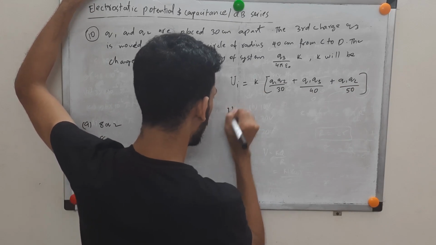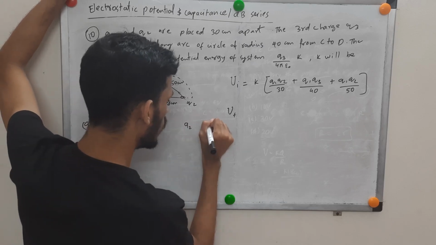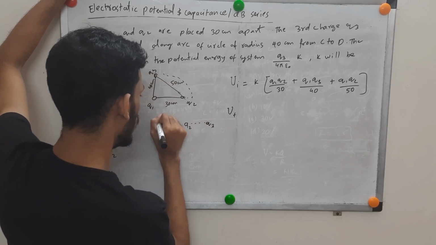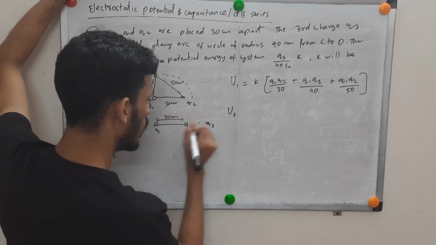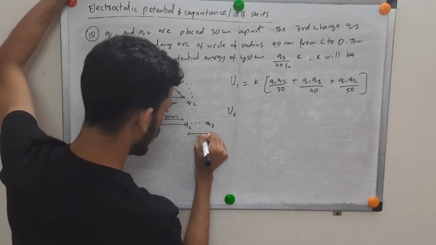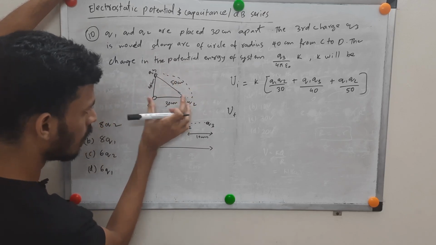Finally q1, q2 and q3 will be in one line. So this distance is 30, nothing has changed over here. Then this distance will be 10, because the total distance is 40 and this is 30.